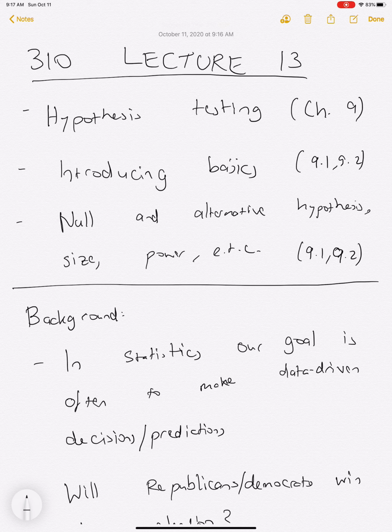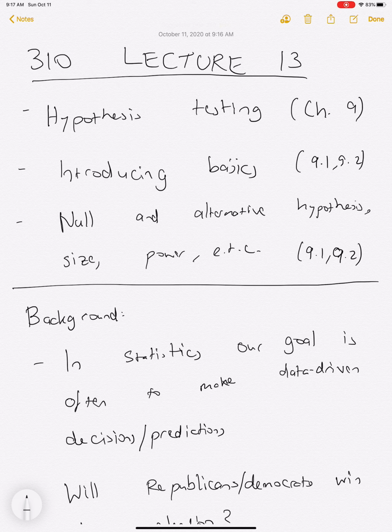Today, for lecture 13, we're going to first introduce some of the basics. It will largely focus on the material from sections 9.1 and 9.2 of the textbook. In particular, things like the null and alternative hypothesis, and concepts of size and power, which we'll define before the end of this lecture.